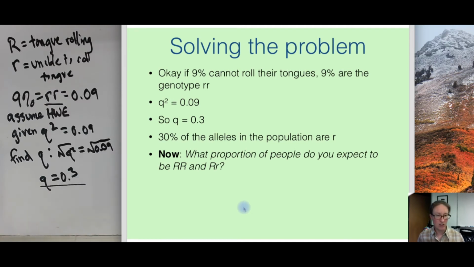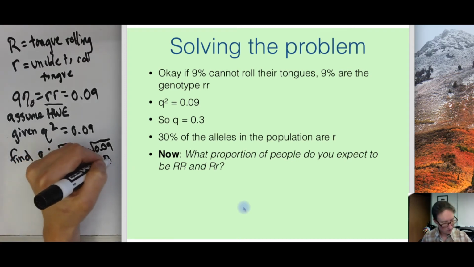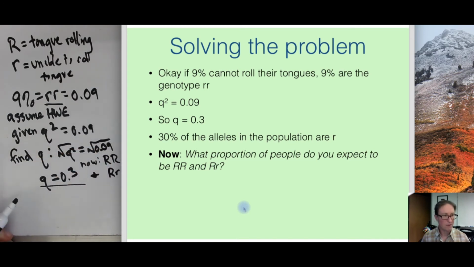So the next question here is, now what proportion of people would you expect to be big R big R, and big R little r? So now we need to find big R big R, and big R little r. Okay, so here's where we're going to start. So we now know Q. We know this is a population where there's only 2 possibilities.